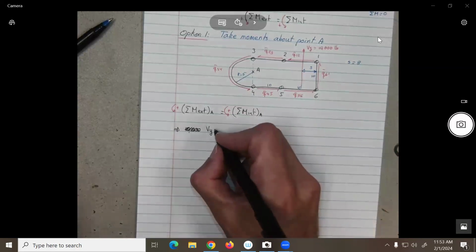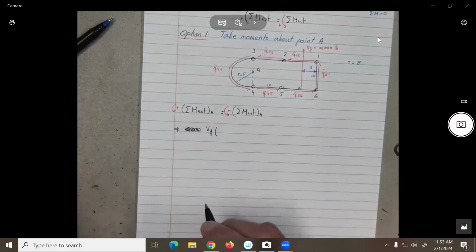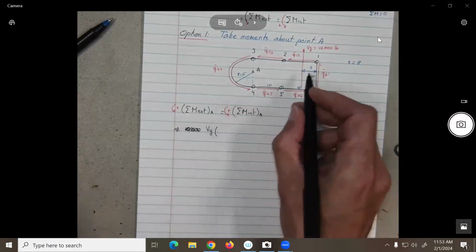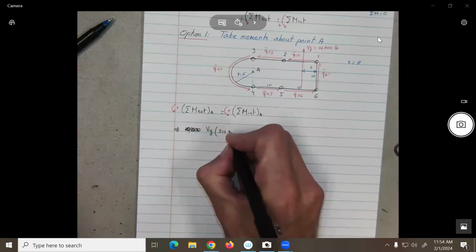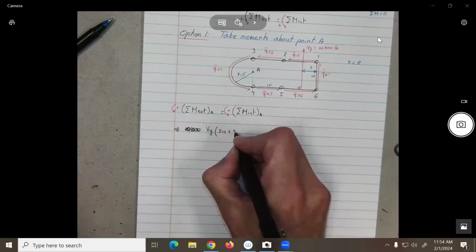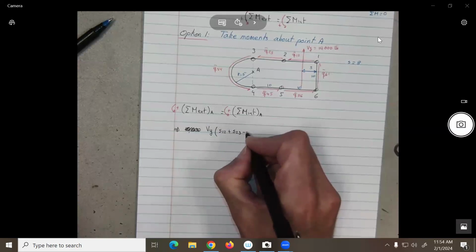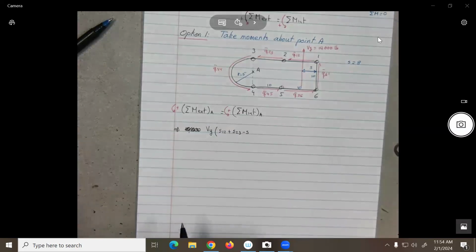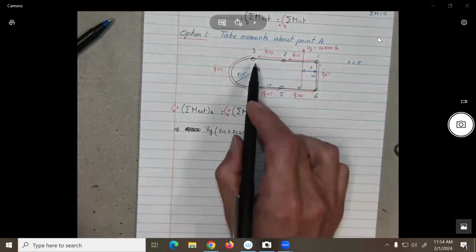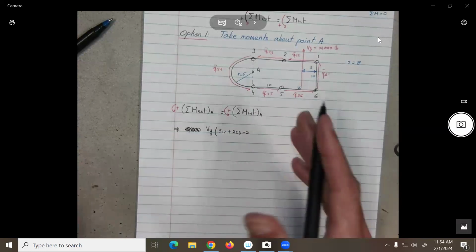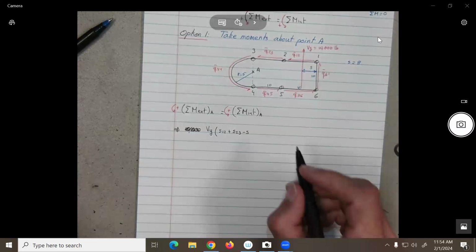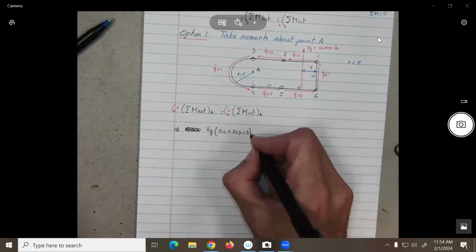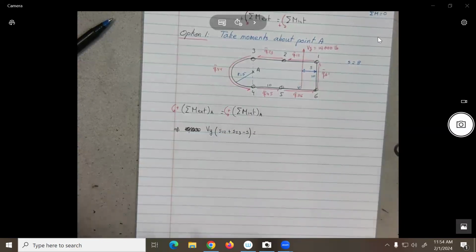So what would be the value of the arm? It will be that whole distance over here. So let's say it could be equal to S12 plus S23 minus S. Does that make sense or not? Yeah, it's all that distance minus this one. I'd rather do it symbolically because that way when you program or you study, you can see exactly what the meaning is. And that's the only external force.